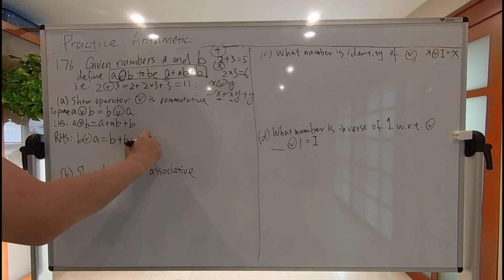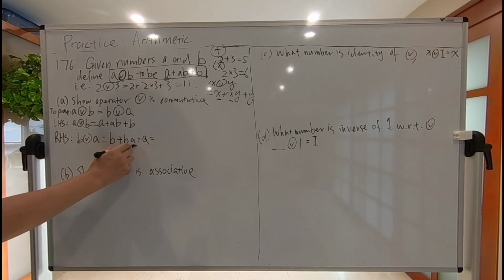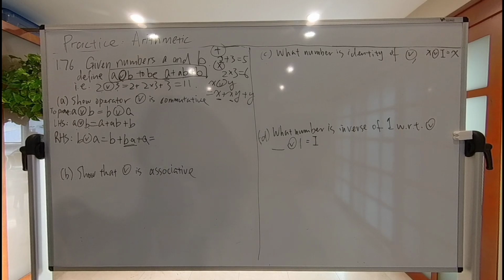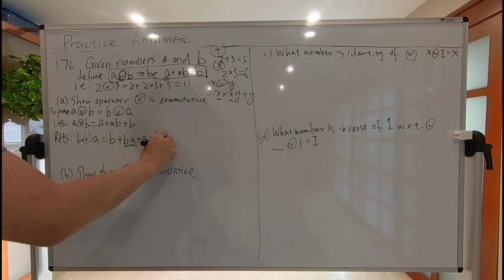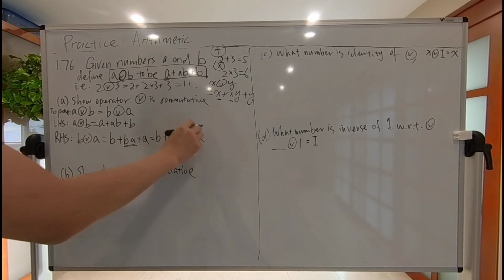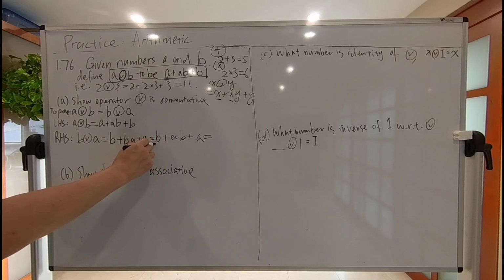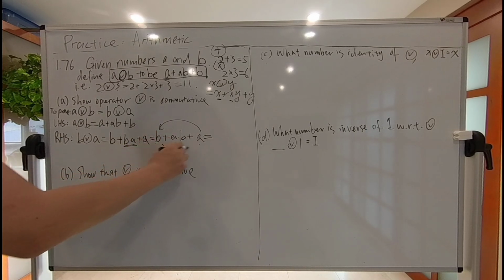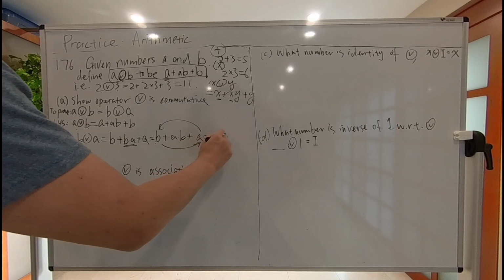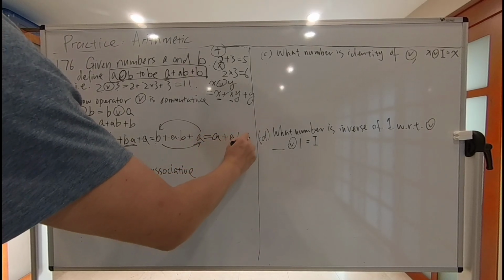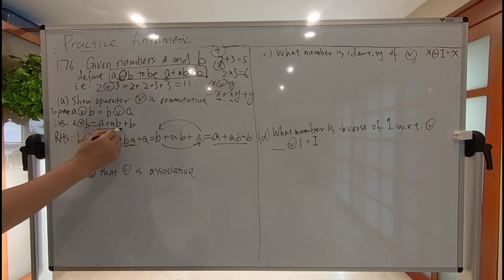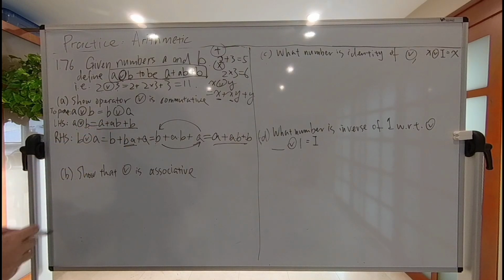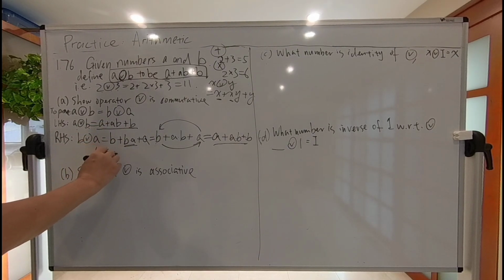Now, one more step from here. Because we know that multiplication is commutative, A times B times A is equivalent to A times B. And we also know that addition is commutative, so A plus B equals B plus A. So then this is A plus A, B plus B. Up to here, this expression is exactly the same as the expression we derived from the left-hand side, so it proves that the left-hand side is equal to the right-hand side.